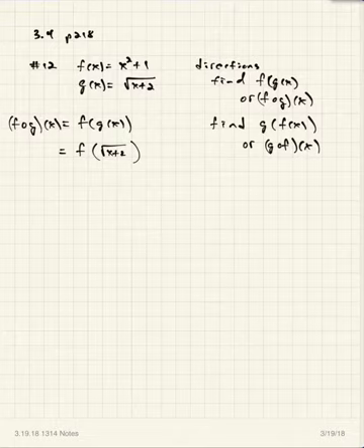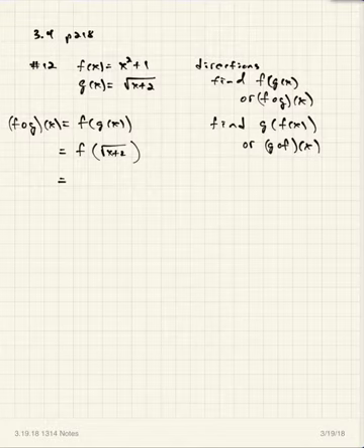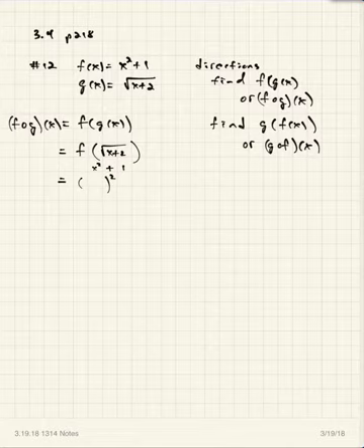And then this says go to the function f. And wherever you see an x, you're going to put the square root of x plus 2. So the function f is x squared plus 1. So in place of x, I put parentheses, and I've got the square root of x plus 2, and then plus 1.